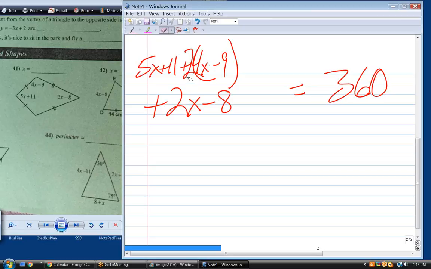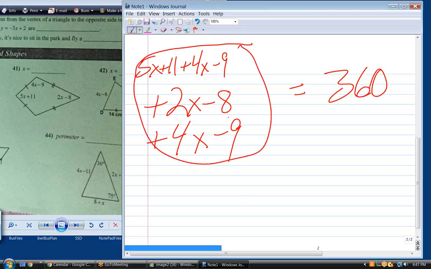But I would guess that it's probably easier to make a mistake doing it this way than if I did this. In other words, if I do it this way, I don't need any parentheses anywhere. I'm just taking angle 1 plus angle 2 plus angle 3 plus angle 4 equals 360. And you can do the algebra easy enough on that.